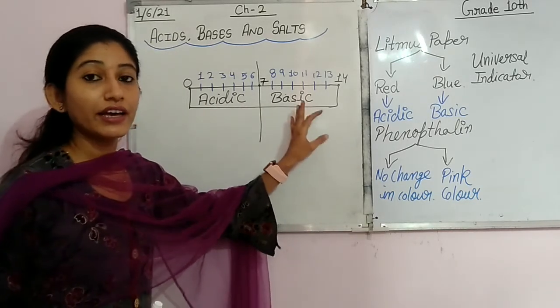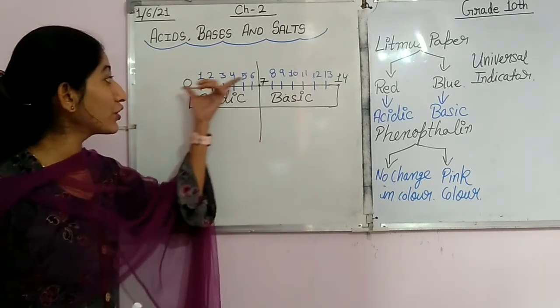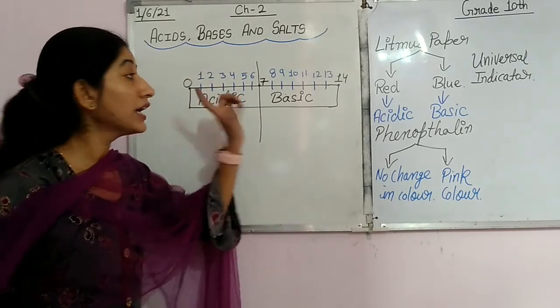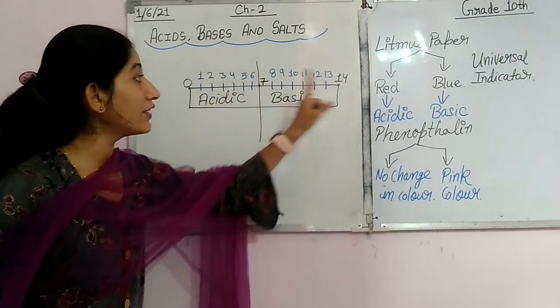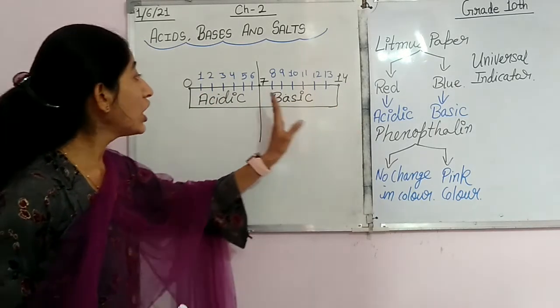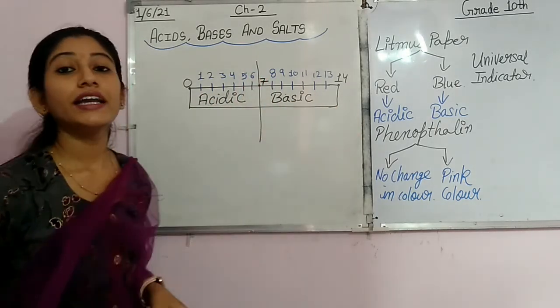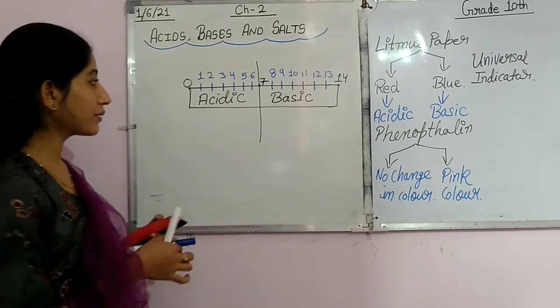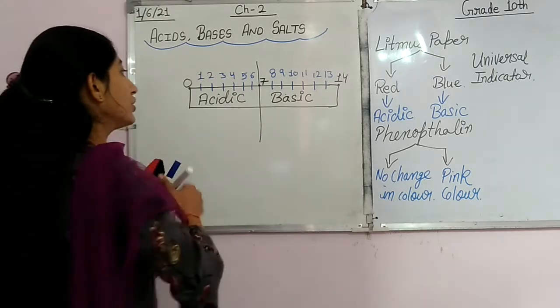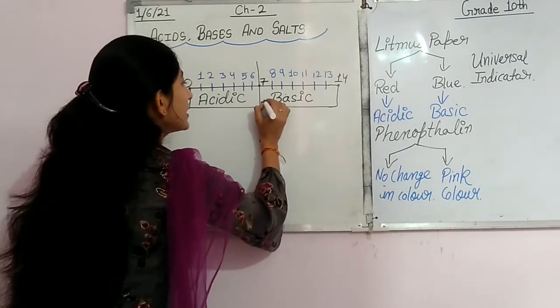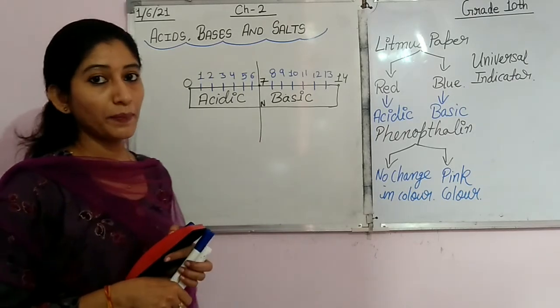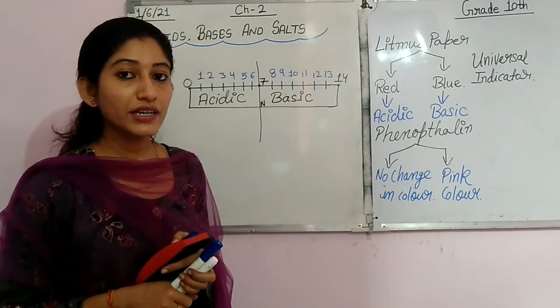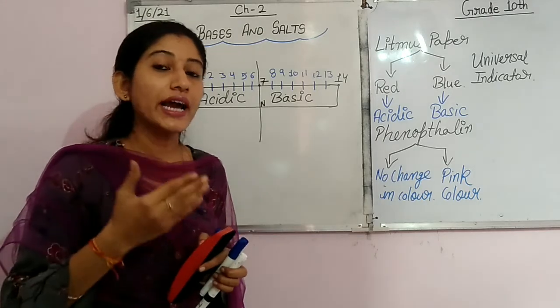According to the ranking, if the rank is between 0 and 7, it is acidic; from 7 to 14, it is basic; and if it is 7, then it is neutral. This center point 7 represents neutral.